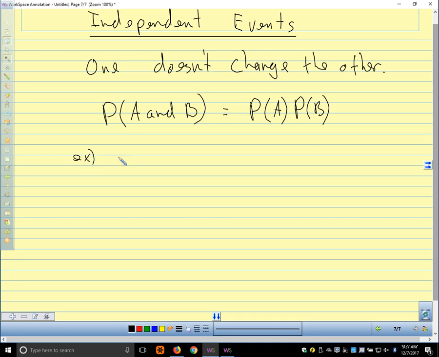So for example, we flip a coin 3 times. We want the probability of all heads.